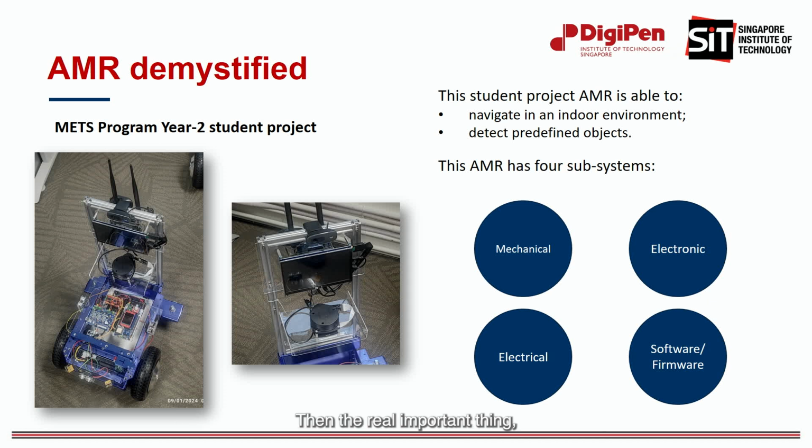Then the real important thing is we need software to integrate them together, to analyze and make decisions. That's why we have a software part. Here we call it firmware. It means a very low-level software to drive these kinds of real-time tasks.